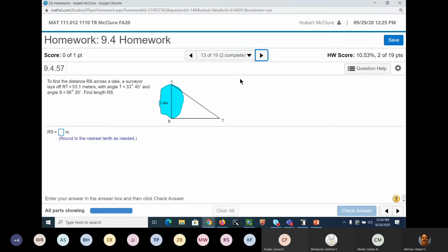R, T, S, and this is the lake. Let's say your house is right here.